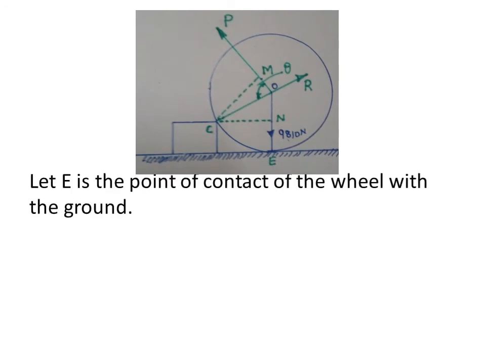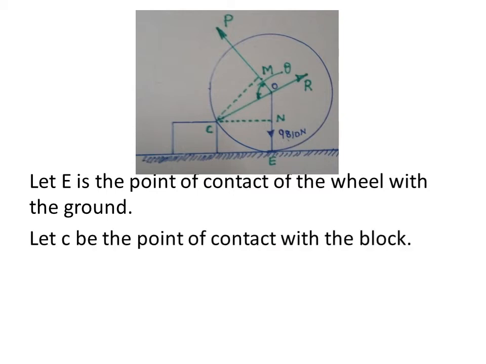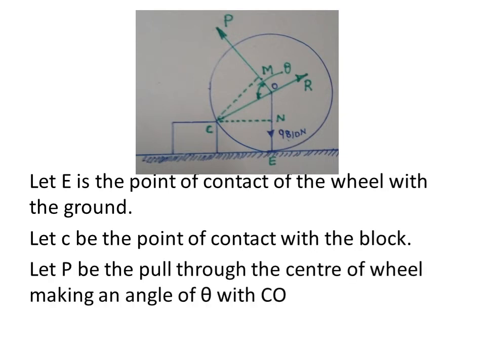Let E be the point of contact of the wheel with the ground. Let C be the point of contact with the block. Let P be the pull through the center of wheel making an angle of theta with CO, that is the radius.